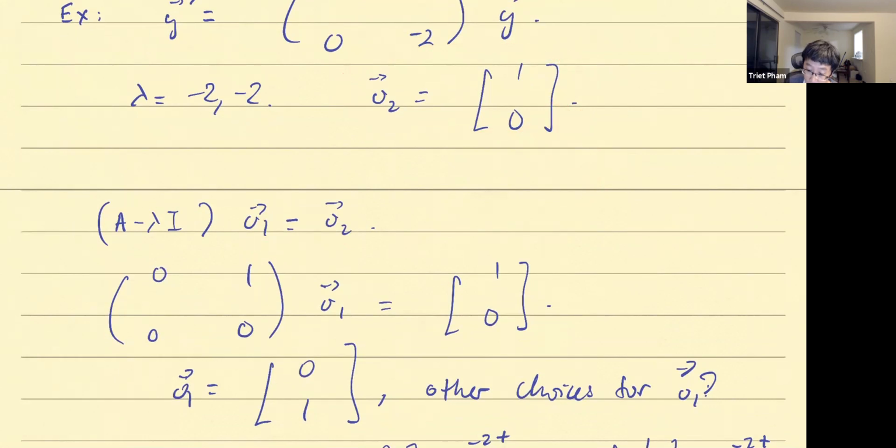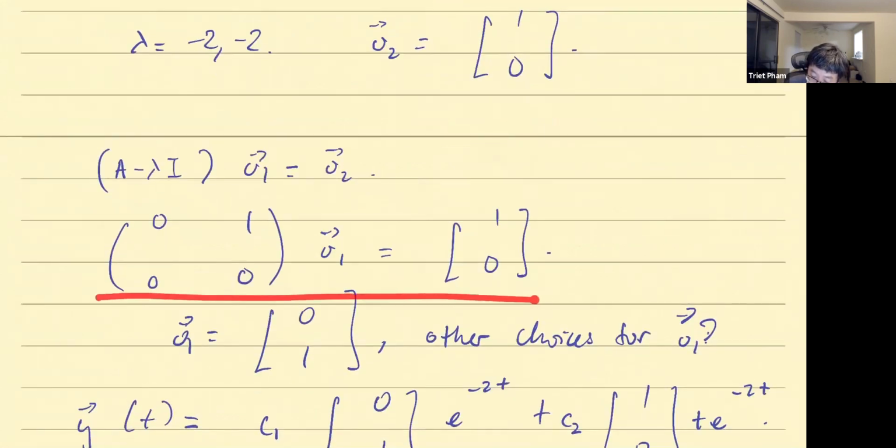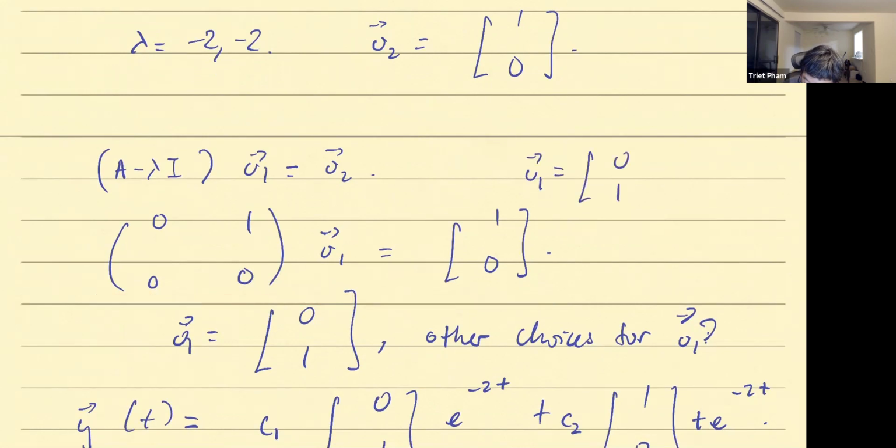But in this system, what is the generic V1? The generic V1 would be 0, 1 plus any constant times the homogeneous solution. I think someone mentioned x1 or something like that; they're expressing this idea.